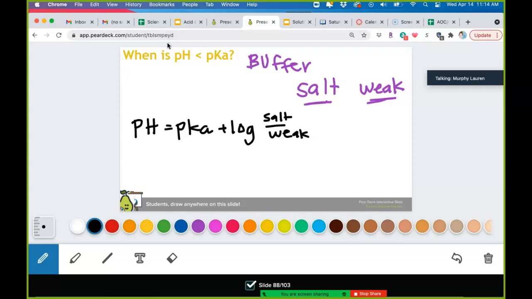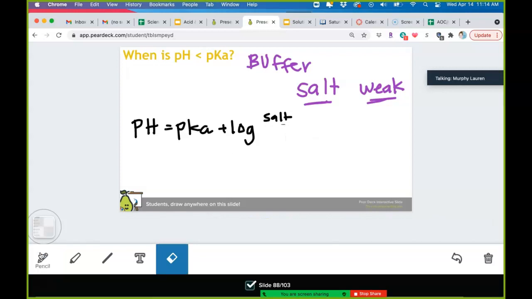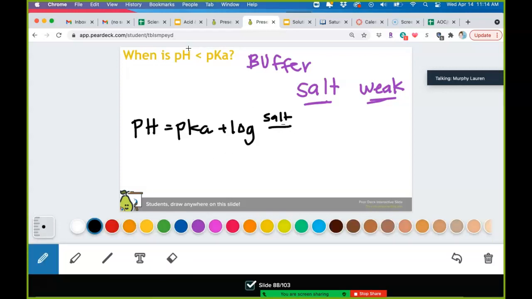Because we're doing pH and pKa, I'm going to write this as acid because H means acid, A means acid. We could do this for a base as well, but this equation would change. So when the salt and the acid are equal, this number is 1, and the log of 1 is 0.